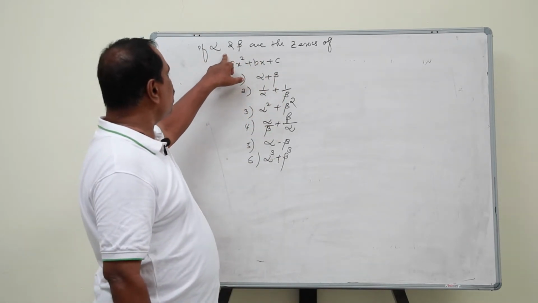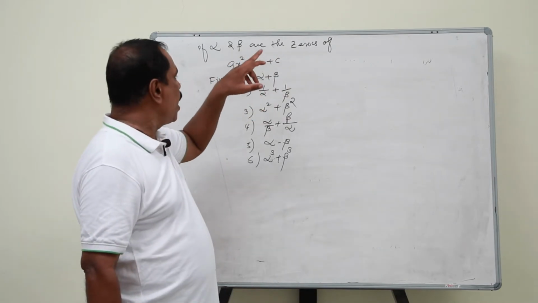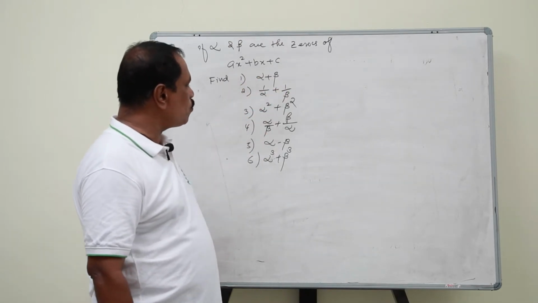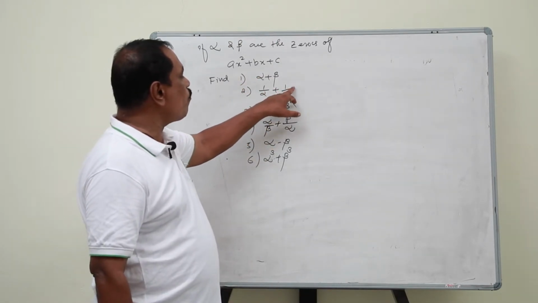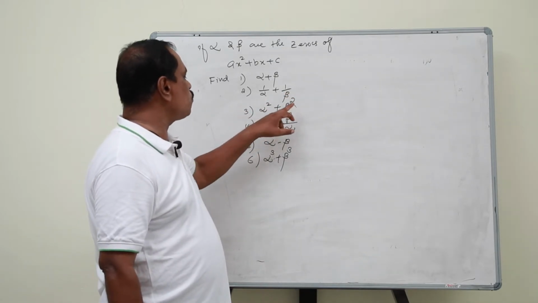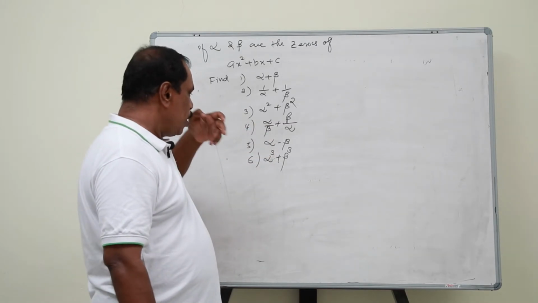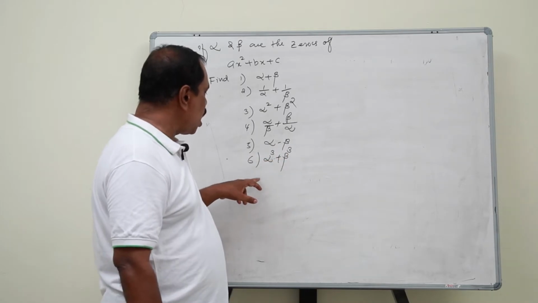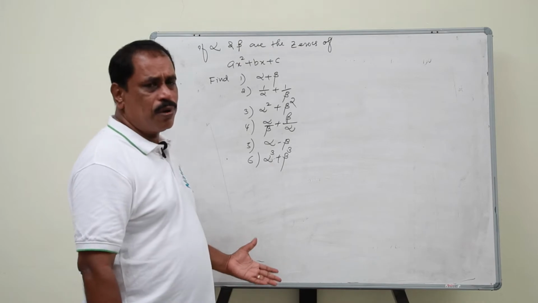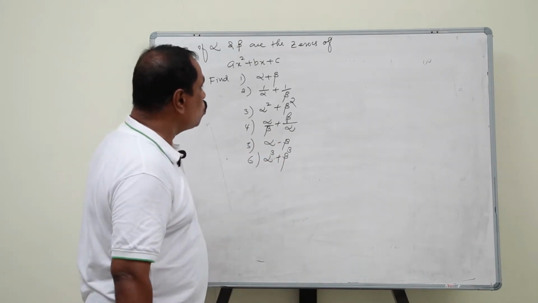The question is: if alpha and beta are the zeros of the polynomial ax square plus bx plus c, then find alpha plus beta, find 1 by alpha plus 1 by beta, find alpha square plus beta square, find alpha by beta plus beta by alpha, find alpha minus beta, and alpha cube plus beta cube. Very simple question and important also. Similar questions are there. Let us do.